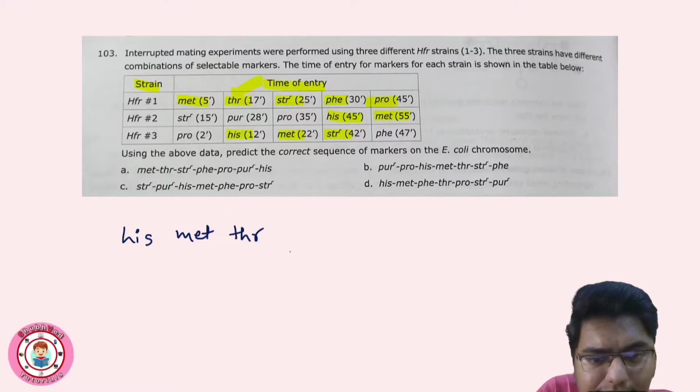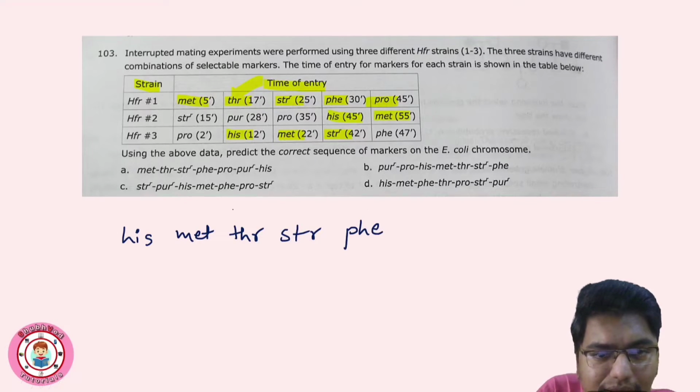After threonine, it will be streptomycin, STR. And after that, phenylalanine, PHE, is there. Then after phenylalanine, proline, and proline is there in the HFR strain.